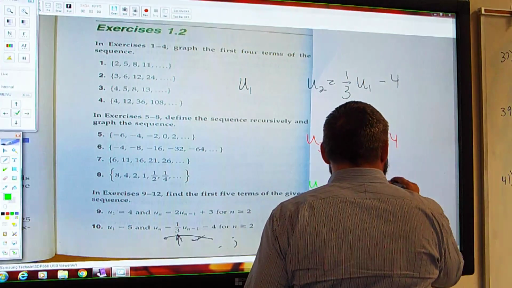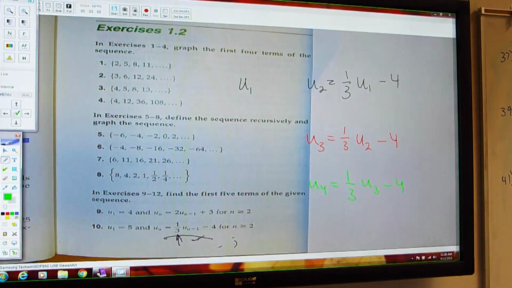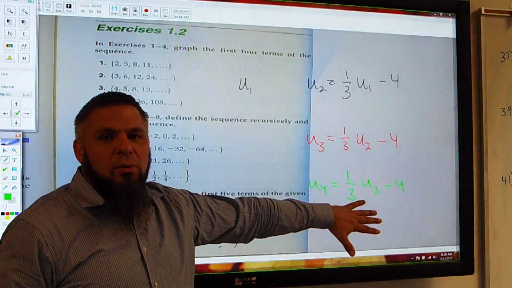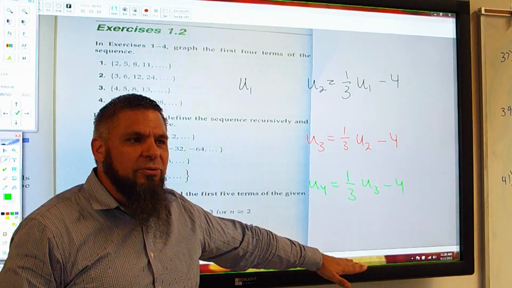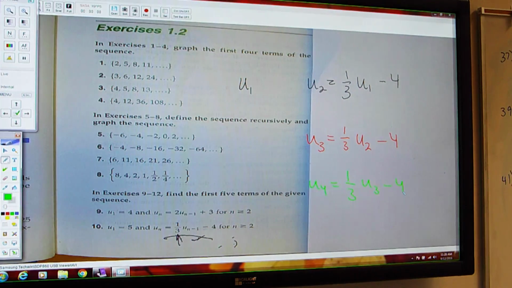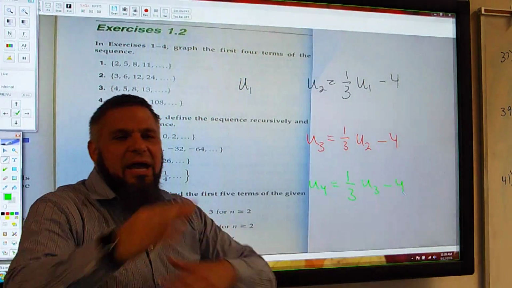Good. Wyatt and Norman. That's good. So you got the minus 4. Now we can all do the next one, right? What's U5? U5 is 1/3 U4 minus 4. Perfect. So we can do that all day long.